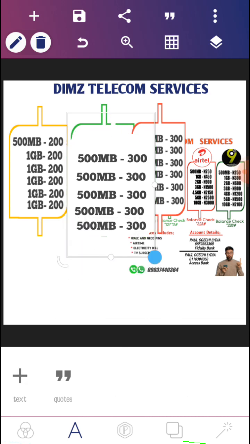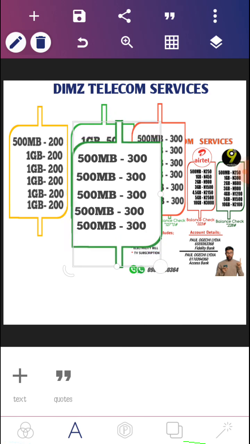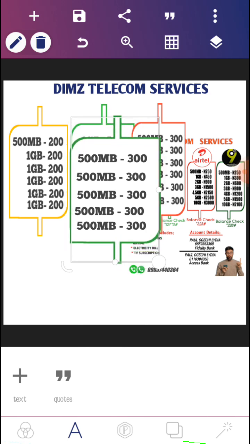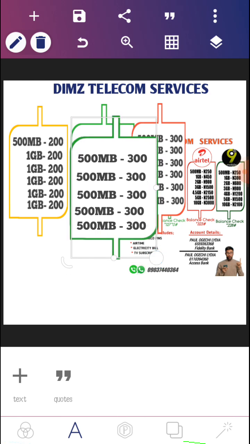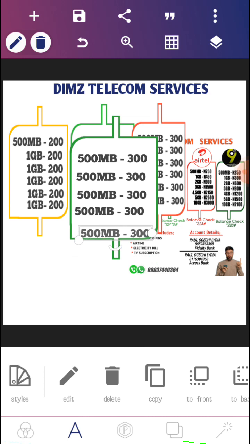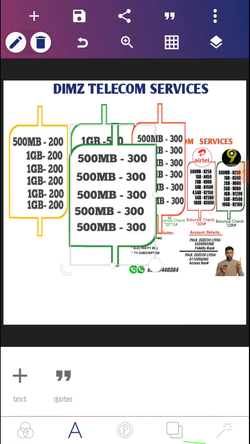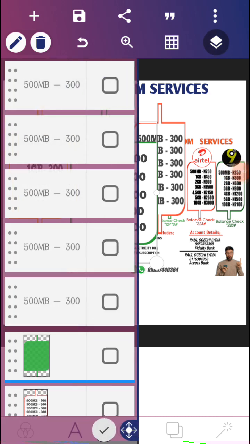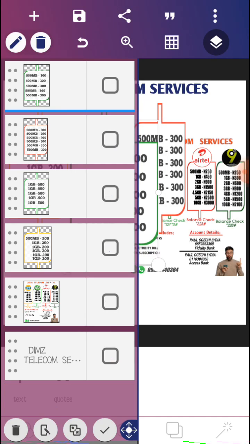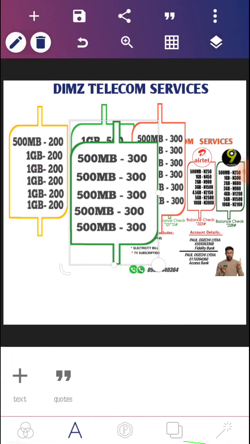I'm doing it fast so that it's not taking much time, so that you have enough data to download it. So we can merge it together again, merge them, and merge it. Now it's together.